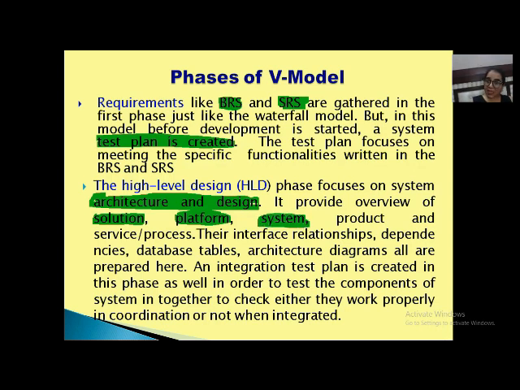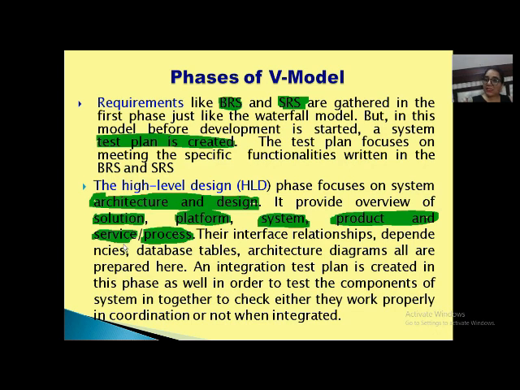That is, the design must focus on the overall system's working. Again, what products and services will be given by this particular system, and which process will be followed for the system to be implemented, is also focused on in the high level design.